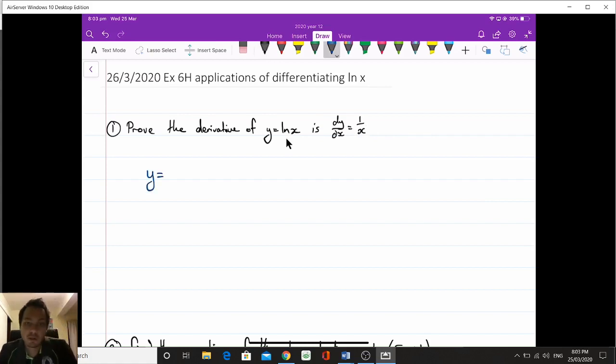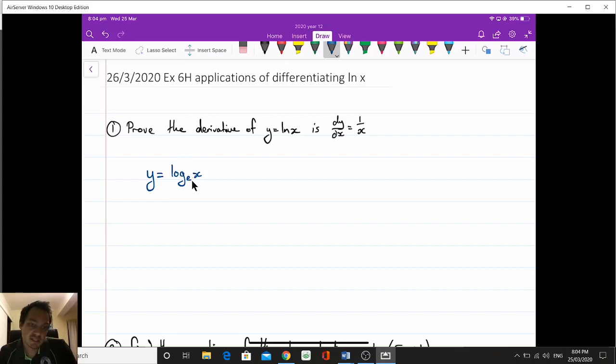We know that y equals ln x is the same as log base e of x, and we know that this can be swapped into our other format.